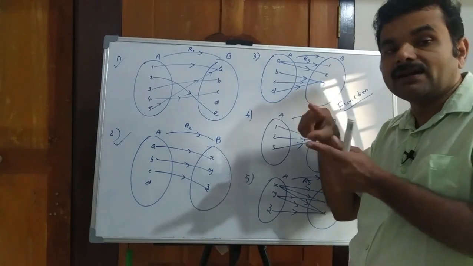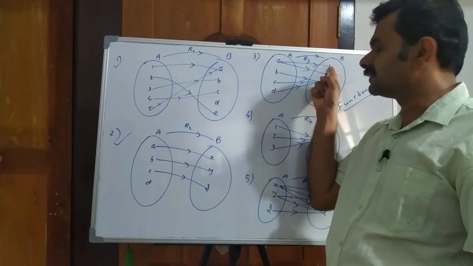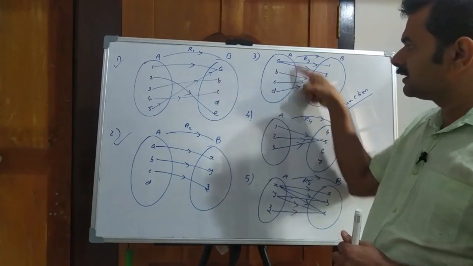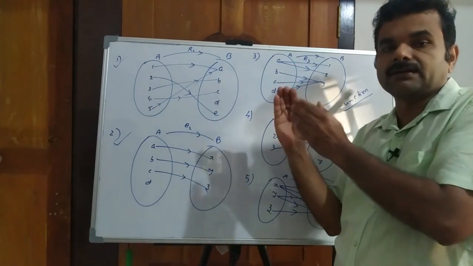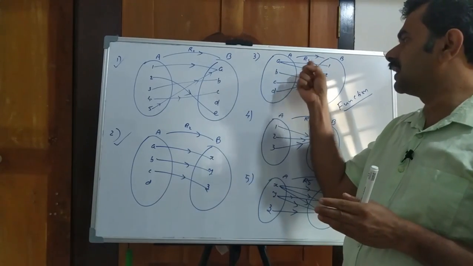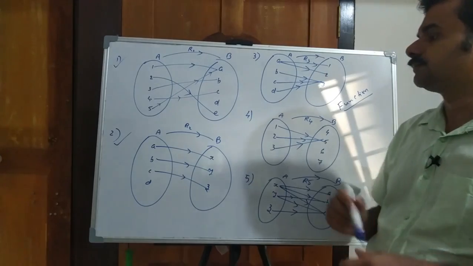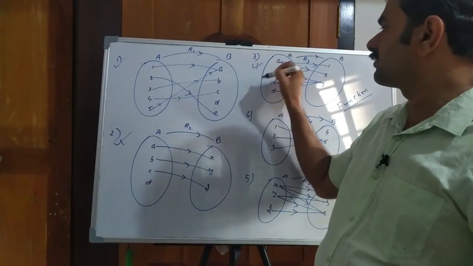But we need one and only one image. We know that every element of set A has images, but the one and only one property is not satisfied. Therefore, this R3 is not a function.